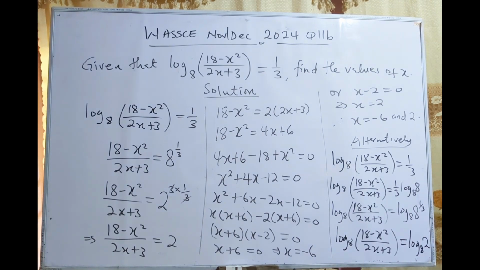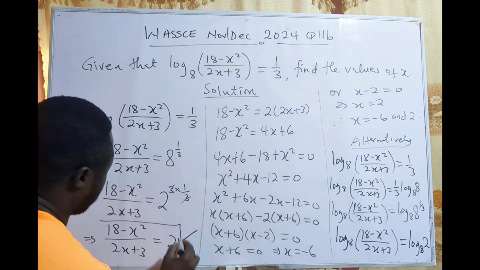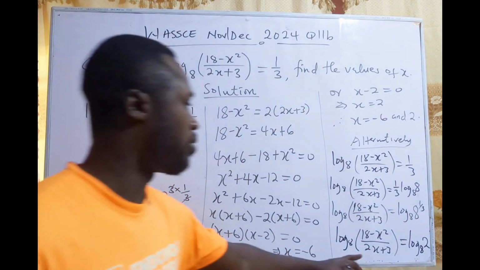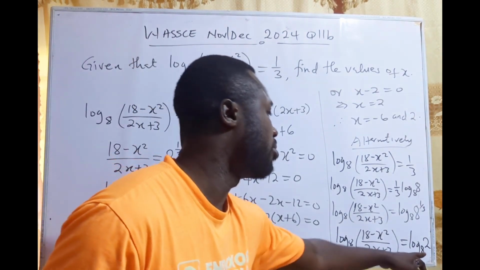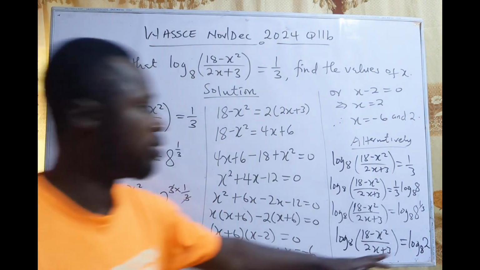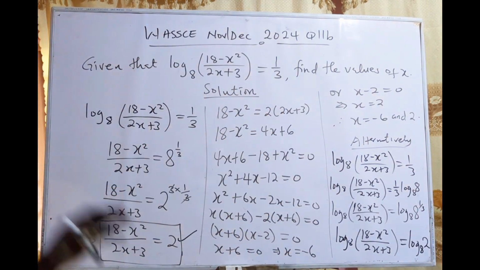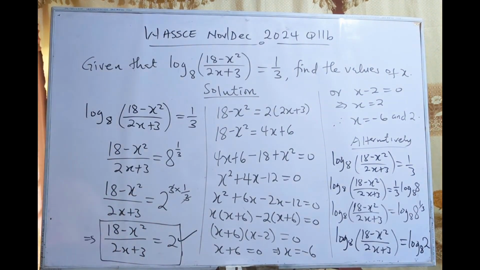So we can equate these. So 18 minus s squared all over 2s plus 3 is now equal to 2, and then you continue and solve and get your answer. You can also use this approach. You see, it looks so simple.